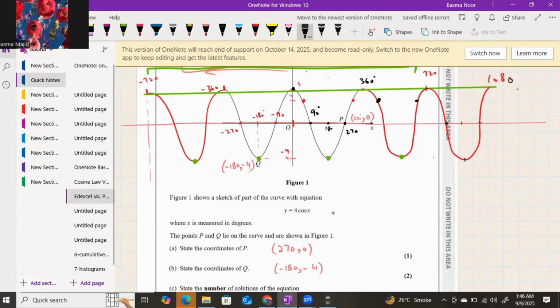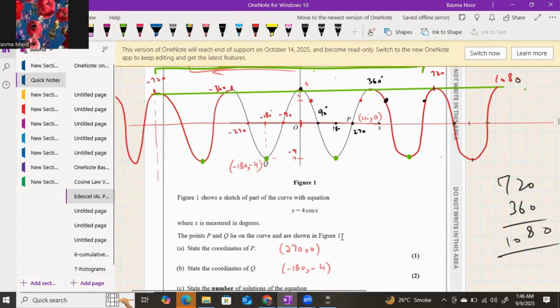The interval is 360, so if you add 360 to 720 you get 1080. So another curve for the 360 period is going to be at 1080, and we'll get another one here too with the red. I can draw it completely, but this is what you get.